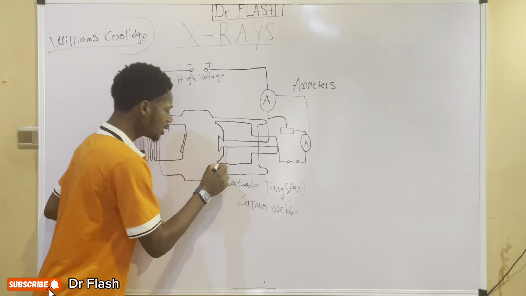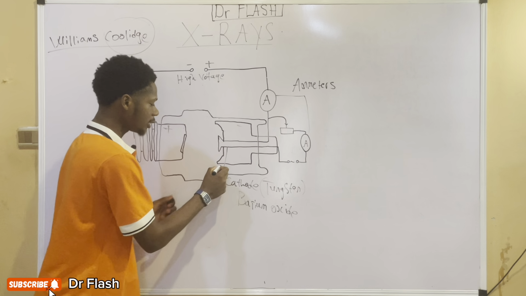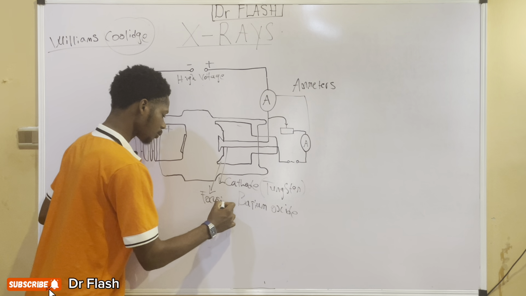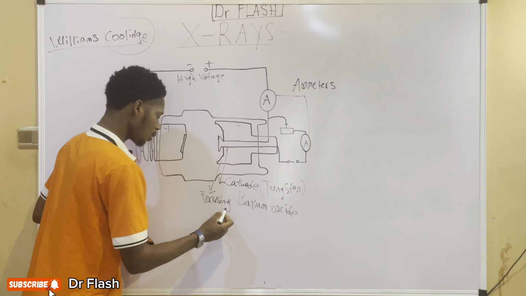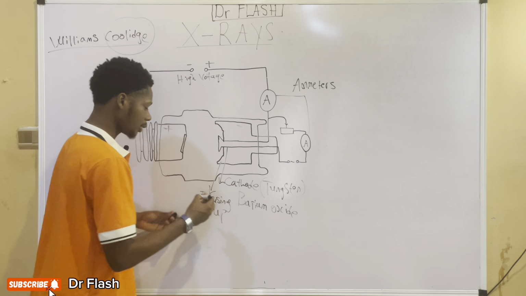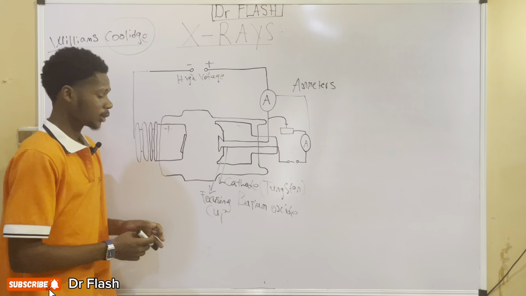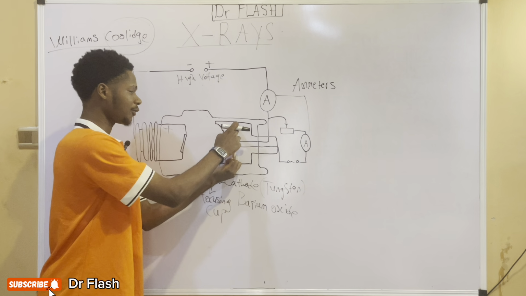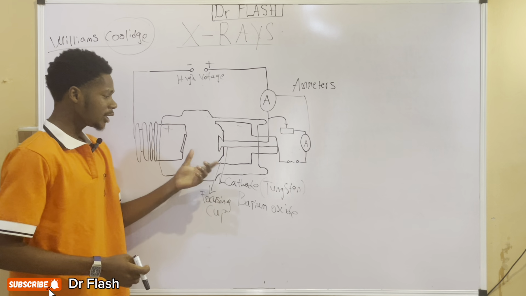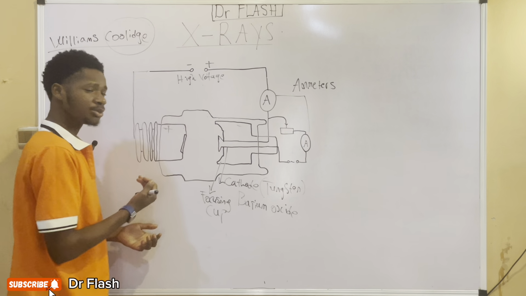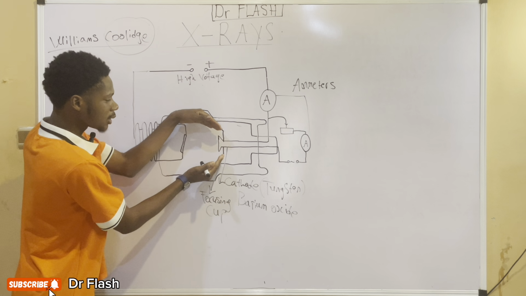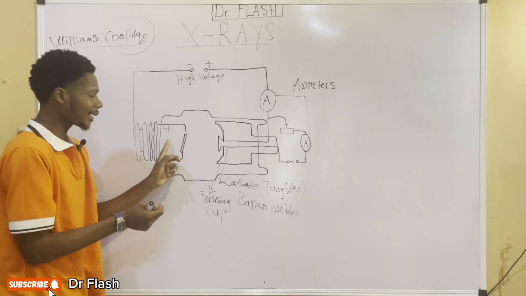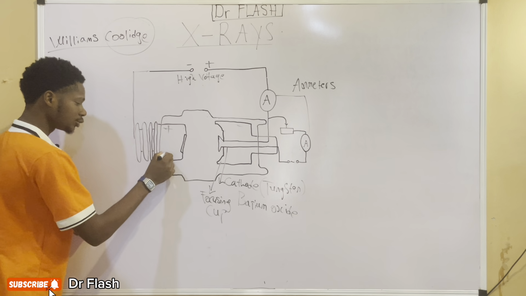Now this shield we have here is called a focusing cup. You see, it is shaped like a cup. The reason we call it the focusing cup is that when the electrons are produced, it helps to deflect the electrons from other directions and focus them on the target anode.